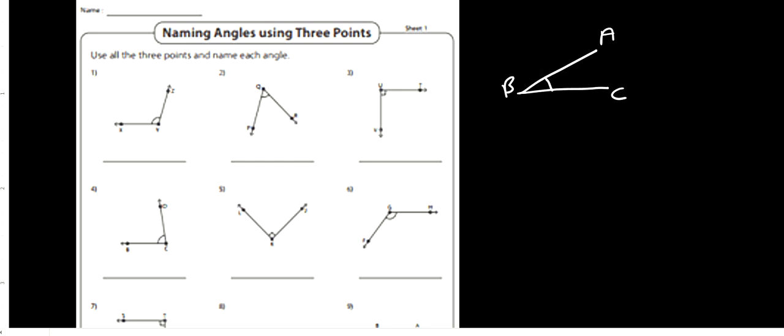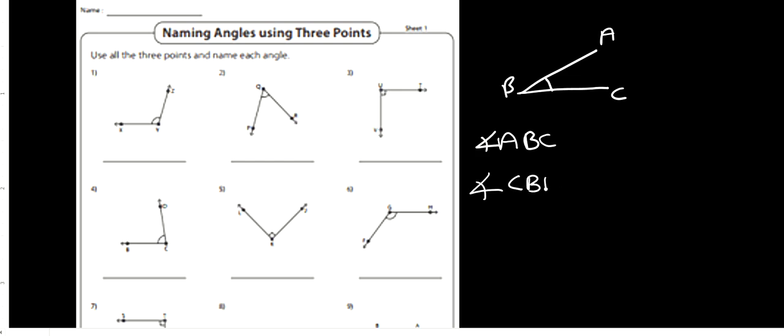Now, if I have to name this angle, first of all, I have to give this angle sign. This is the sign of angle, and in the middle, I'm going to write the point connecting the two lines, and on both sides, I can write A, C. So this angle is angle ABC, or we can also name it CBA, keeping B in the middle.